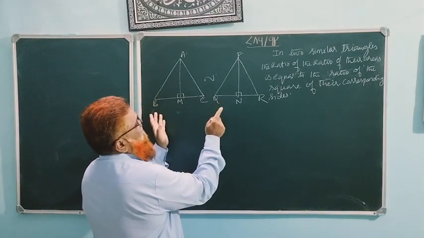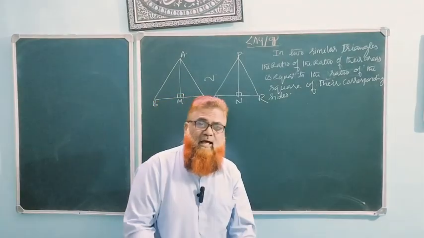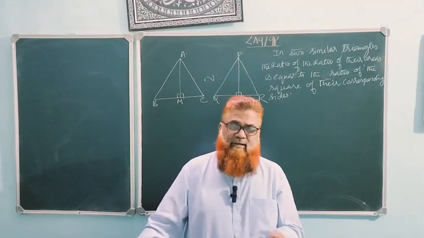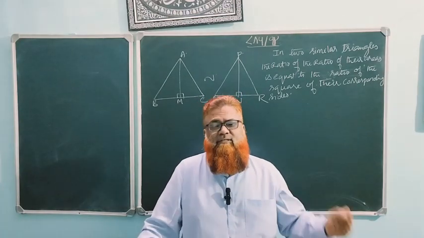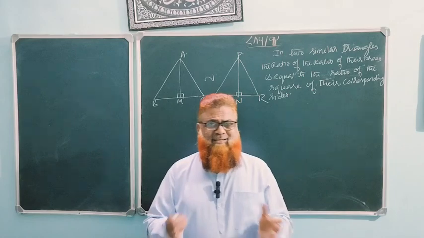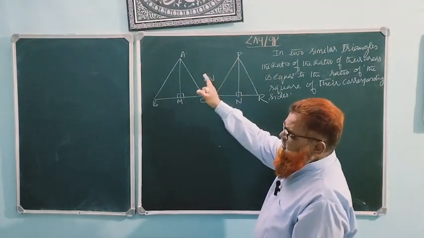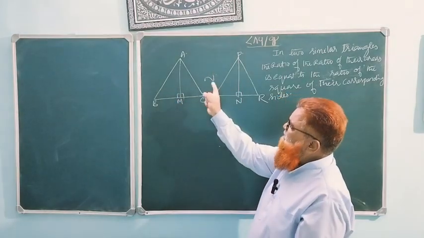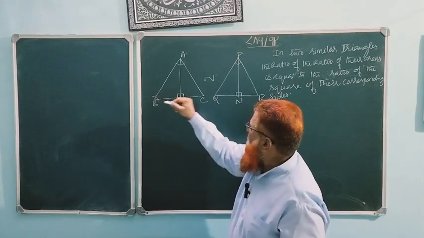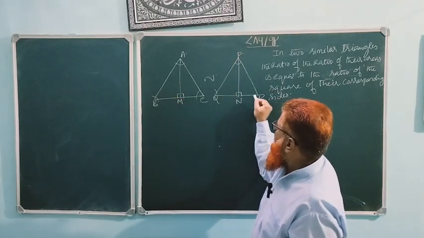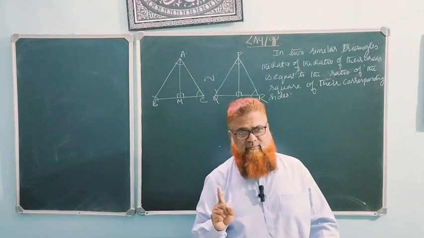Do you see that these two triangles are similar? Let us recall the definition or the meaning of similar triangles. Two triangles are said to be similar, like triangle ABC and triangle PQR, if their corresponding angles are equal: A corresponds to P, B corresponds to Q, and C corresponds to R. That is one condition.